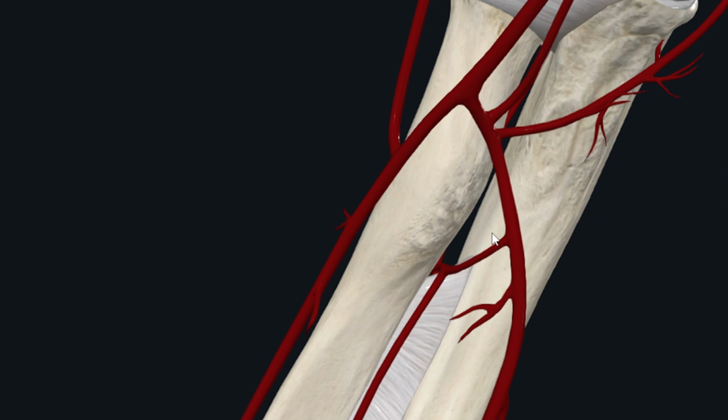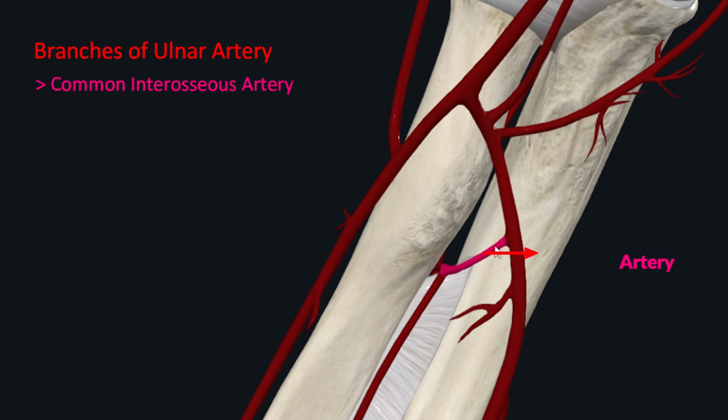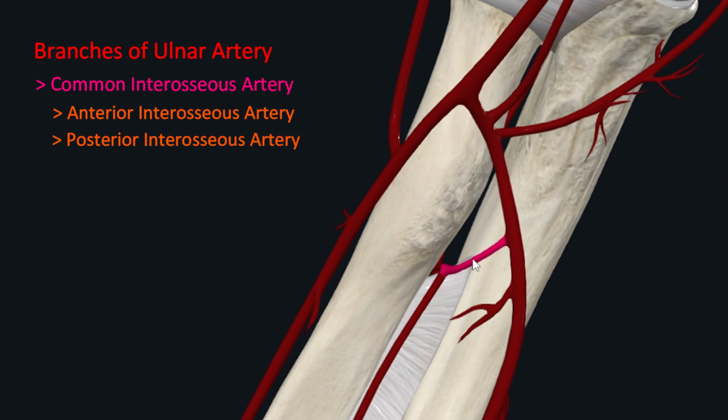Okay, so let's start with the branches of the ulnar artery. This arterial branch is called the common interosseous artery, which comes off the ulnar artery, and the common interosseous artery then gives off two further arterial branches, which are the anterior interosseous artery and the posterior interosseous artery.